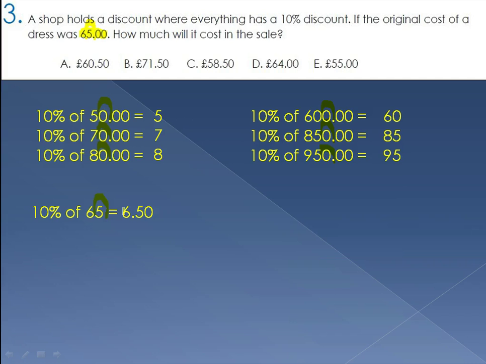So that's key. There's almost like two parts to this question. You have to find what the discount is. So we found the discount is this. Now if you say, what will the new price be once the discount is on? So you have to take £6.50 away from £65, which leaves you with £58.50.